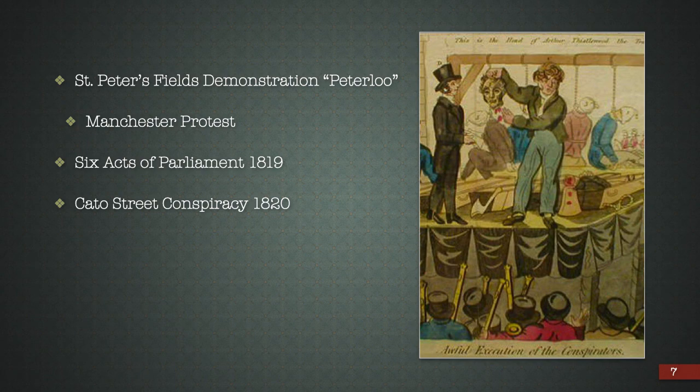Things just get worse, and it's not so much that the liberals, those seeking or protesting, asking for these moderate reforms, are to blame. I mean, they're being infiltrated by radicals, and one of these groups is called the Cato Street Conspiracy.